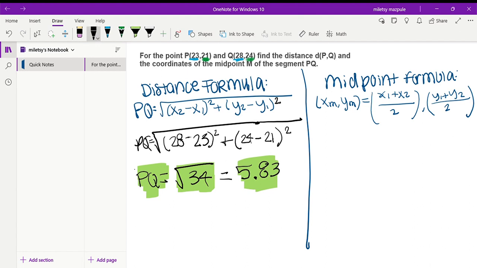So for the midpoint formula, it's going to be x1 plus x2, so that's 23 plus 28 over 2.